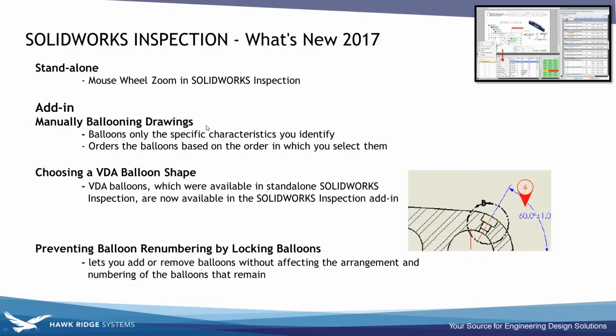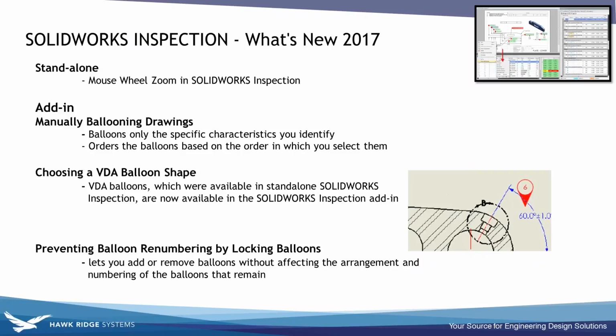So you might think, well, couldn't we do that in the past? Well, we've always been able to do that in the standalone, but we weren't able to do it in the add-in. How the add-in worked, 2016 and prior, you would select the dimensions that you would like to add to the inspection report, notes and all that stuff. So you'd select those and you say create it, and then SolidWorks would automatically assign balloons per those items.